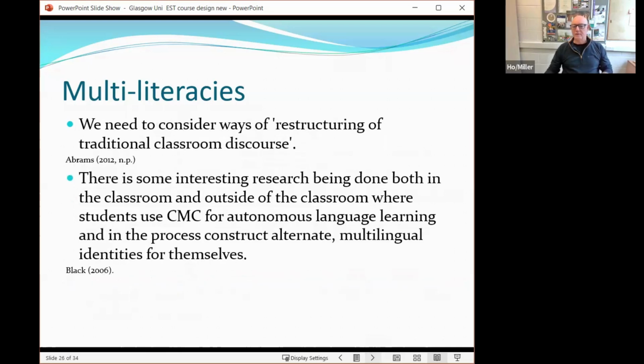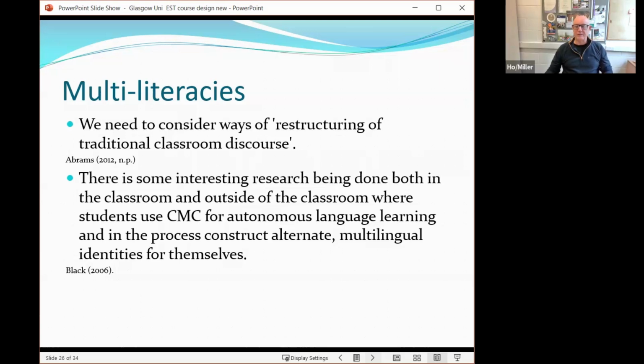Of course, using multiliteracies in the classroom means you have to restructure traditional classroom discourse in some ways to allow for it to happen. It's still a sort of grey area in some ways because teachers are unsure how much technology they should be putting into the classroom, and how much time students should spend on, for example, using their laptops or mobile phones in the classroom itself, and how much time should be spent on teacher-fronted or what we call real-life classroom interaction.